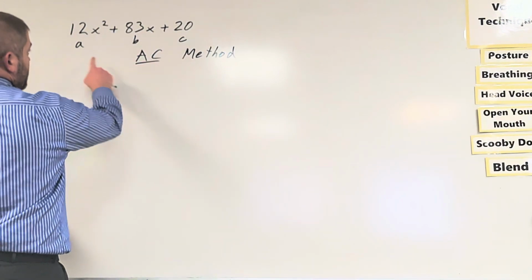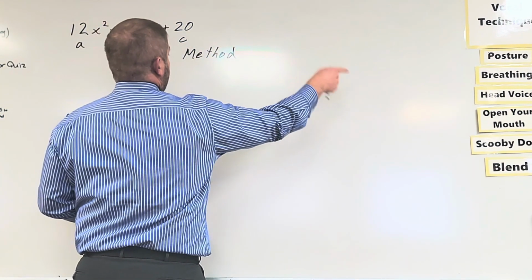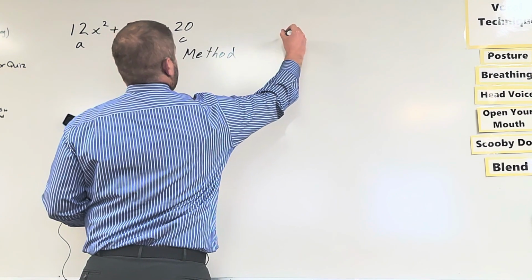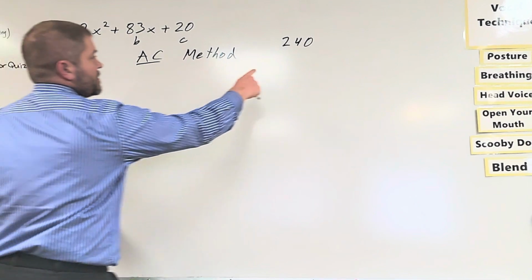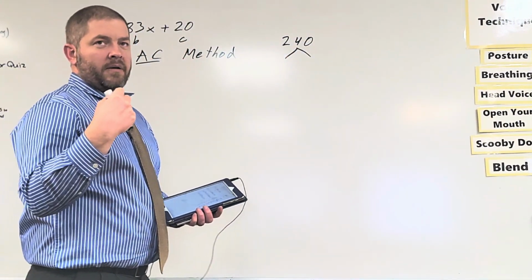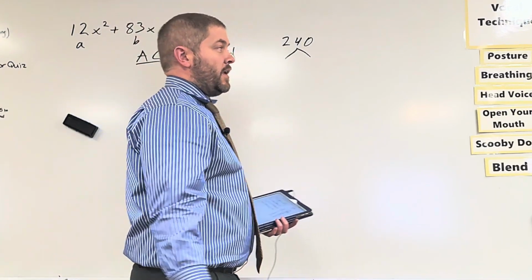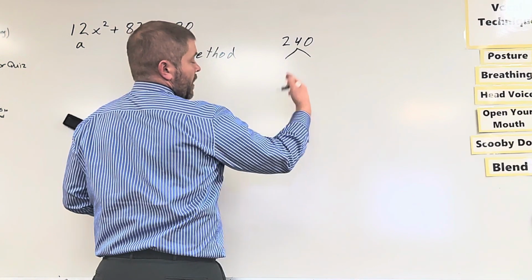So the AC method takes the A and the C, so the 12 and the 20, and it multiplies them to get a product. That product would be 240. And then we take this 240 and we factor it into as many pairs of two factors as we can. So I like to just work my way down or up the numbers.